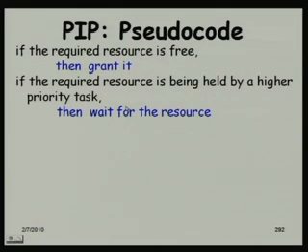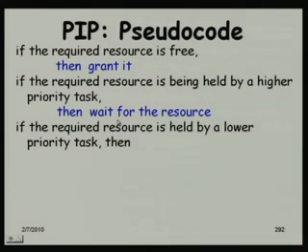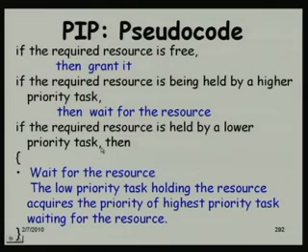Because already a higher priority task is using the resource, and it is natural a low priority task will wait for it. But if the resource is held by a lower priority task, then we will have to apply the inheritance clause here. So, not only does the high priority task wait for the resource, but the low priority task has to inherit the priority of the highest priority task in the queue.